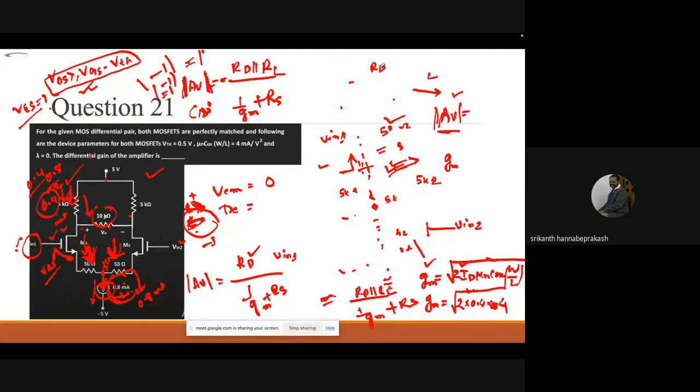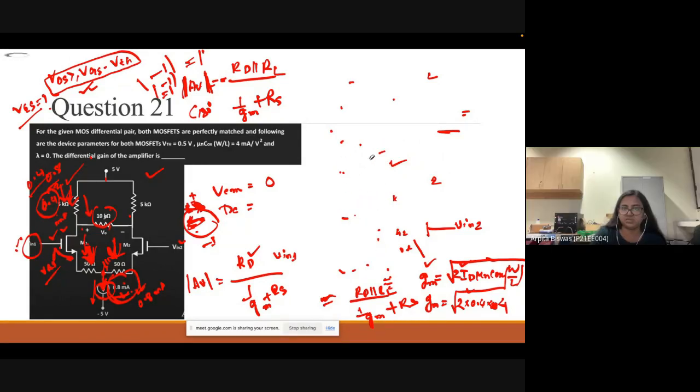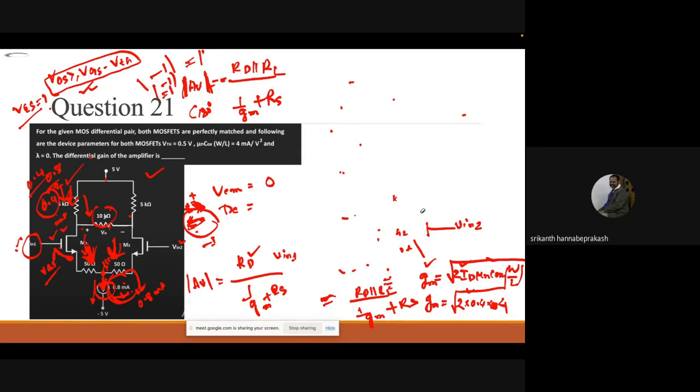Ma'am, I also got 1.78, and the value of 1 by Gm. Just put the value of 1 by Gm in this equation. 0.559. Ma'am, 0.56. Mod of AV, I have got 49.44.